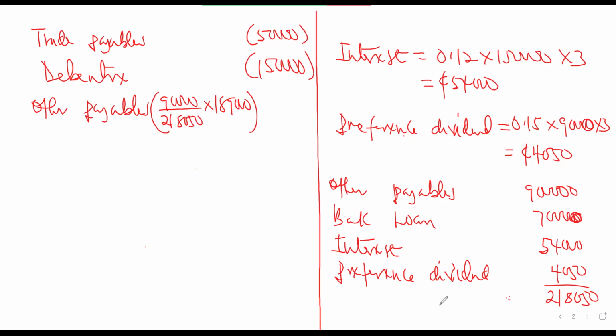Okay. Then please, the total figure for other payables, somebody should confirm because I'm having 169,450. The payables is 90,000, plus 70,000, plus 54,000 interest.